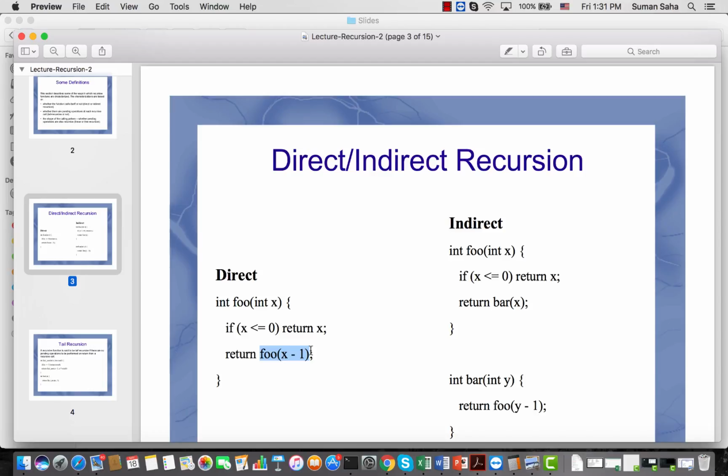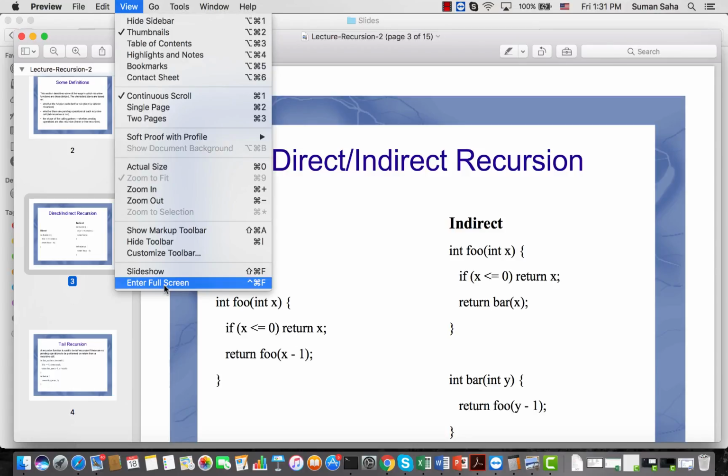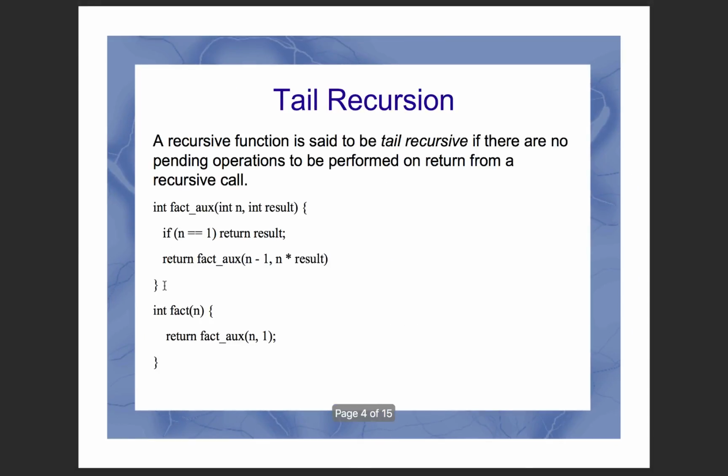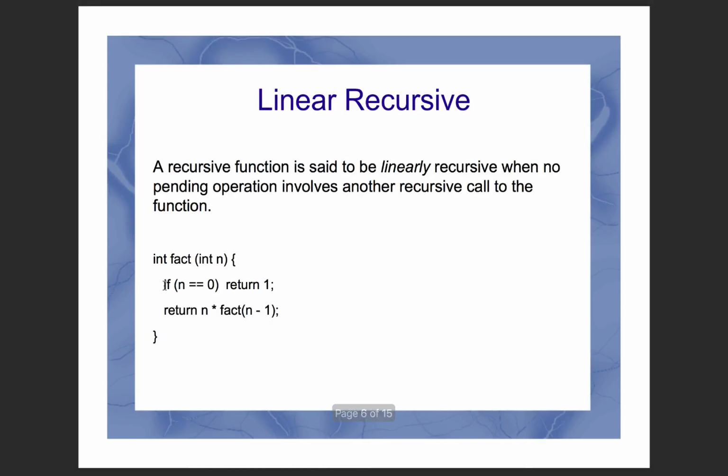If you have more than one recursive call in the recursive part, that basically creates tree recursive calls. So let's see one example where it will create tree recursive calls. This one is a linear recursive call because the recursive portion has one recursive call, one recursive factorial.